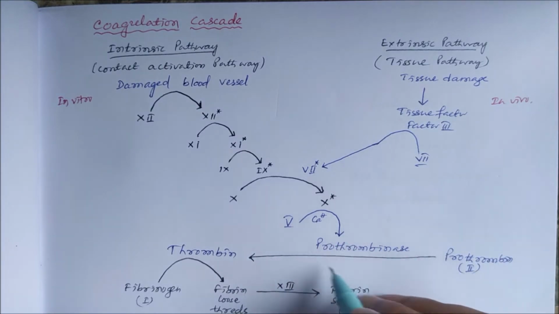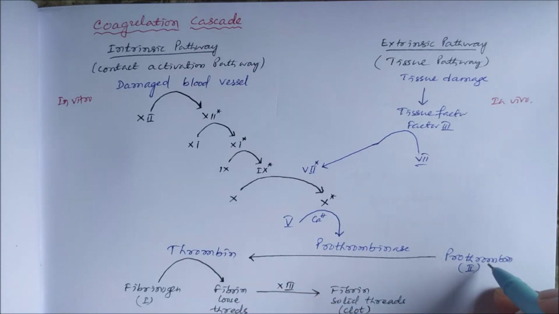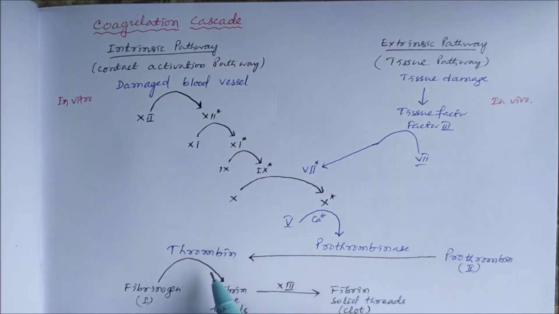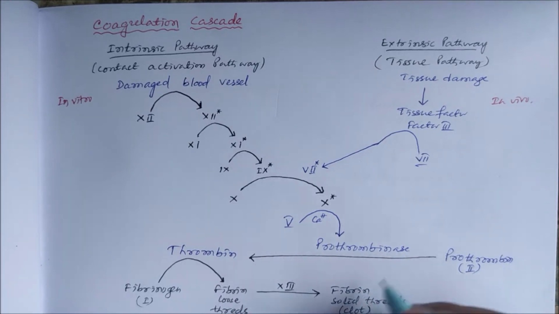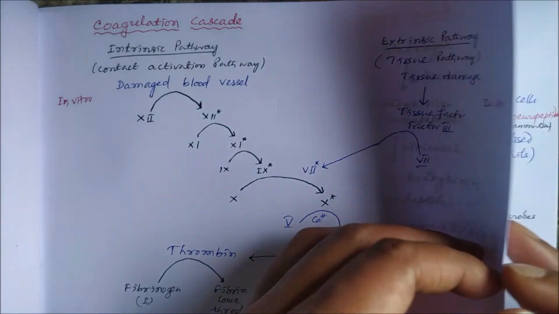Then this prothrombinase converts prothrombin to thrombin, so activation of factor 2 occurs. Then this thrombin activates the fibrinogen or factor 1. Initially there will be loose threads, and this thrombin also activates factor 13, which causes the stabilization of fibrin loose threads into solid threads or clot. So this is the coagulation cascade.